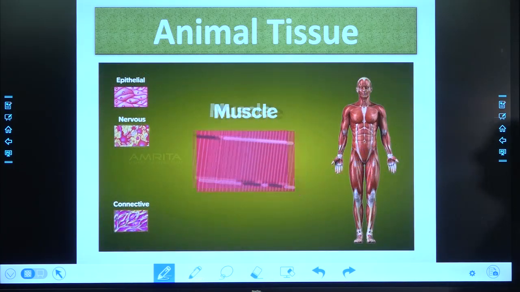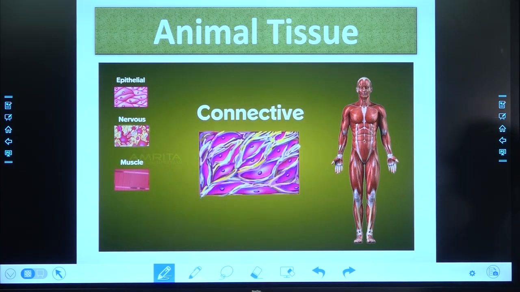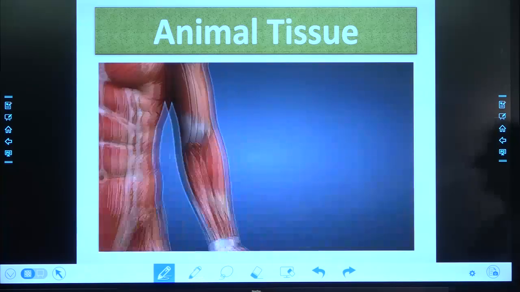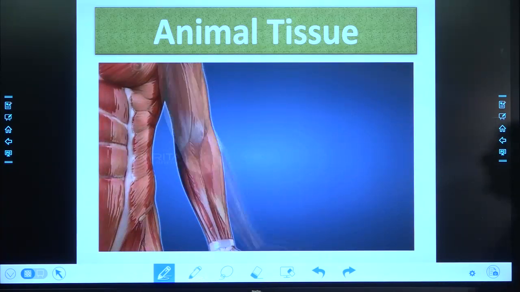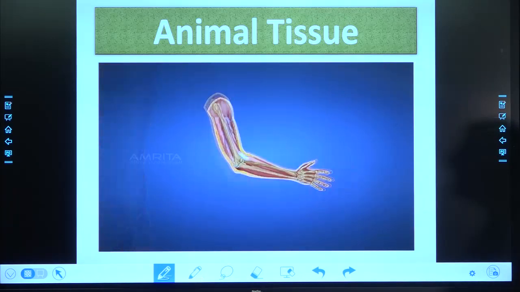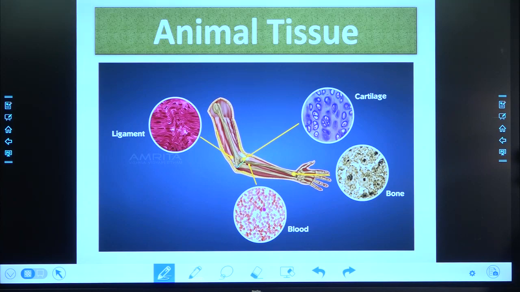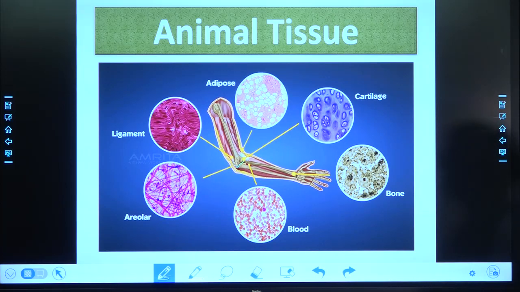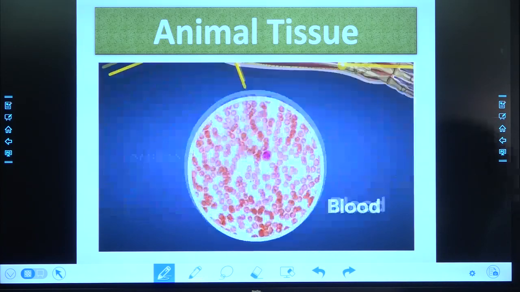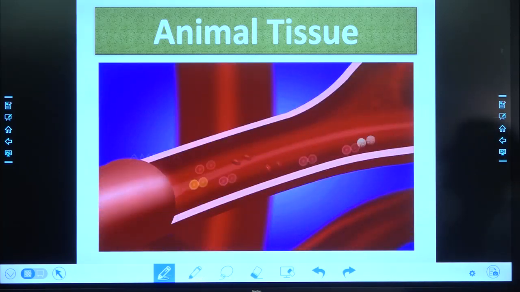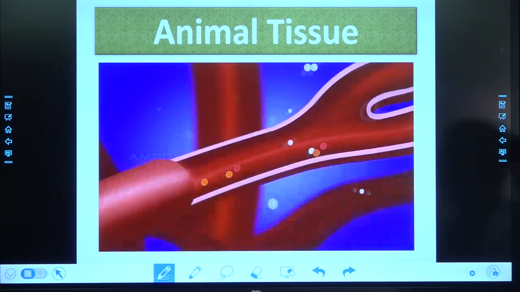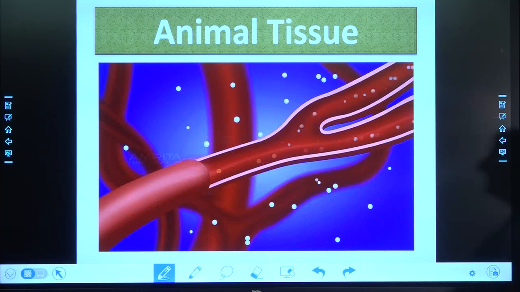The final tissue we look at is the connective tissue that binds and supports body parts and transports materials. Connective tissues are subdivided into blood, bone, ligament, cartilage, areolar and adipose tissue. The blood contains RBC, WBC and platelets that transport gases and other materials to different parts of the body.